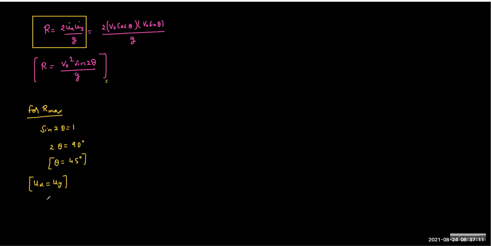So for maximum range, one must keep the angle of projection 45 degrees, and the maximum range that you can attain will be only v naught square by g. So you cannot go beyond this, which means if someone's ability is to throw something with v naught, then the maximum range you can think of is v naught square by g.